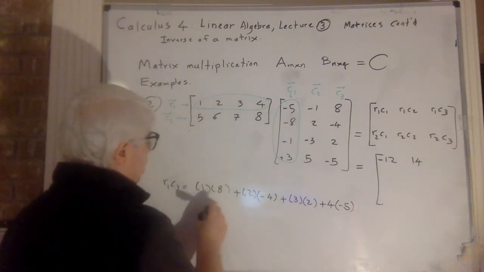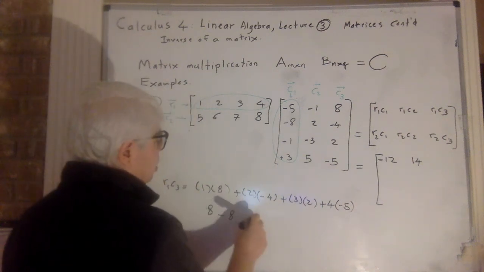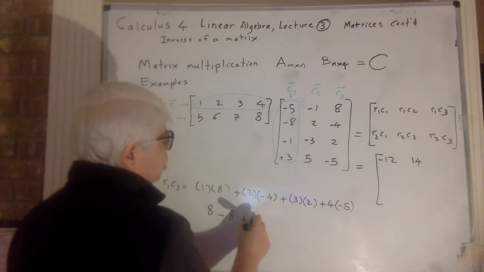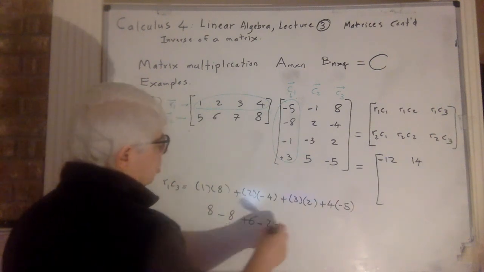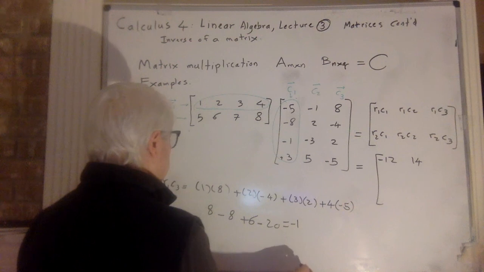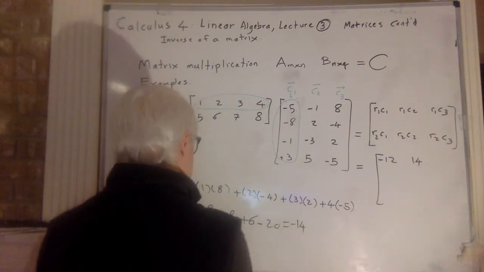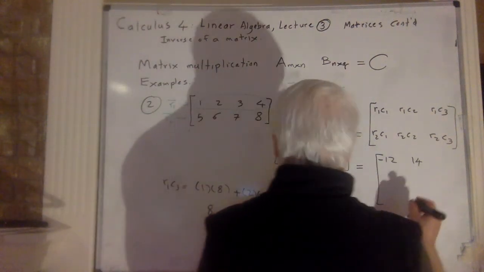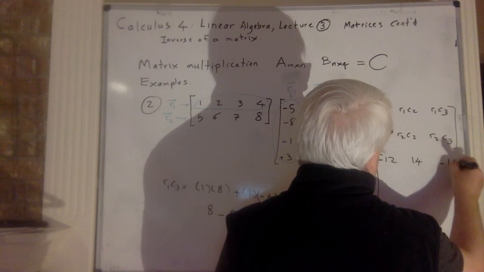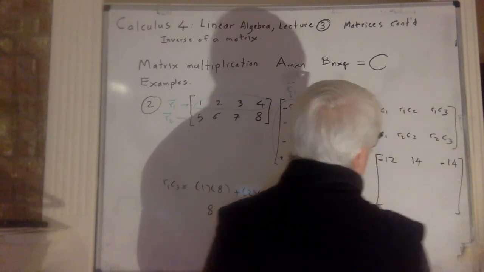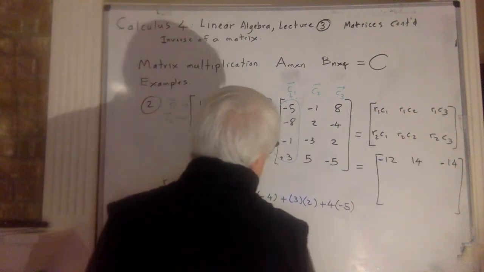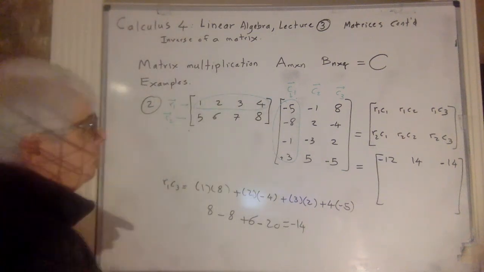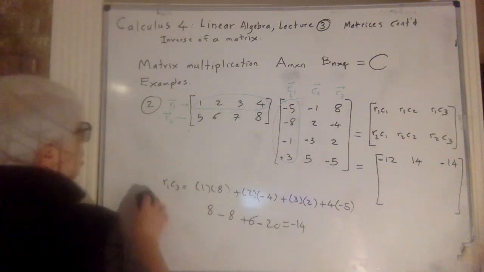So this is 8 minus 8 plus 6 minus 20. These two cancel out, so that's minus 14. So that was R1C3, the third in the first row.